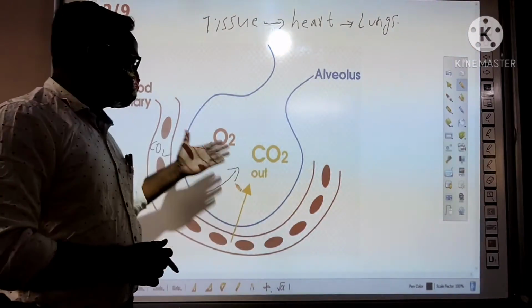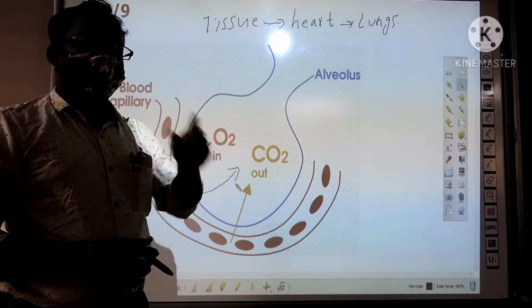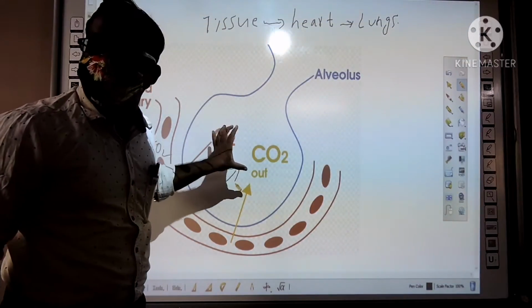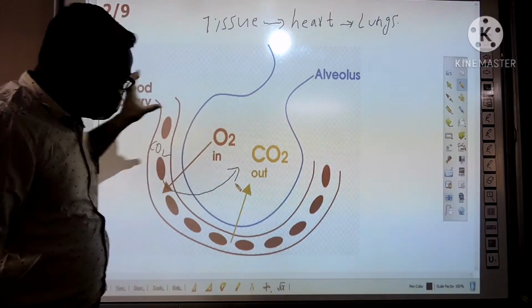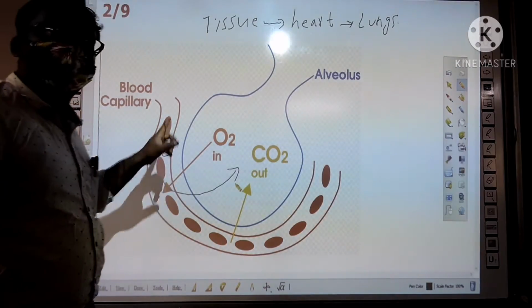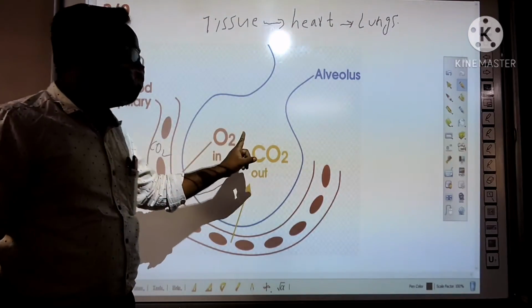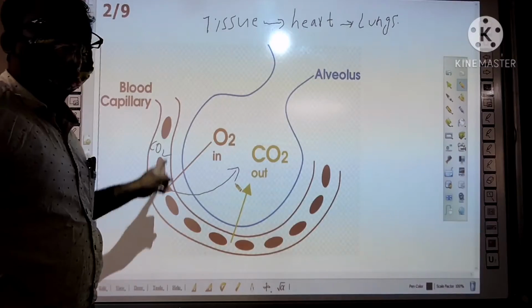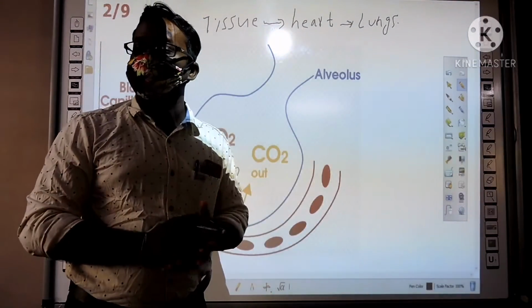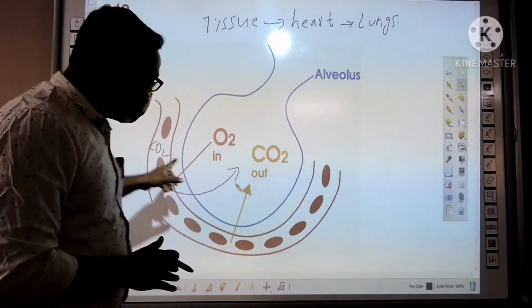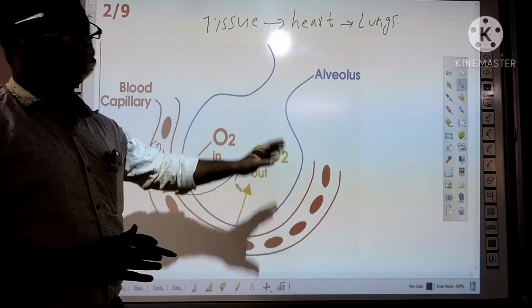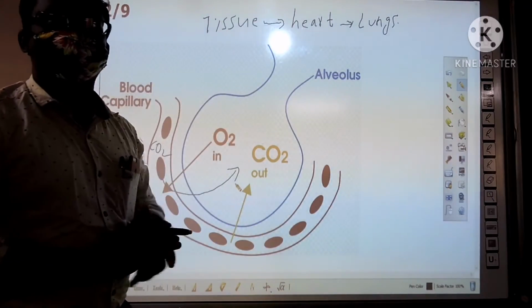At the same time, oxygen also. The oxygen concentration is more in the alveoli, less in the blood. That's why oxygen moves from high concentration to low concentration through the diffusion process. Now blood carries that oxygen to the tissues through the heart.